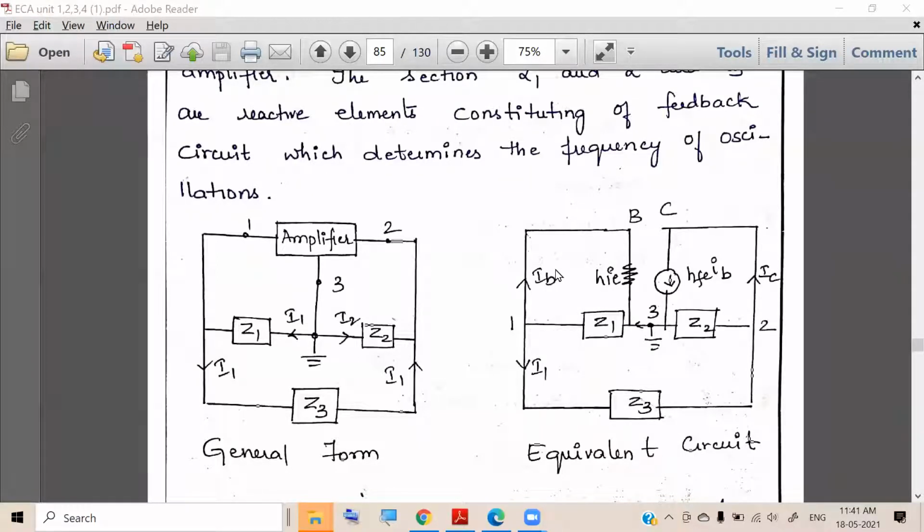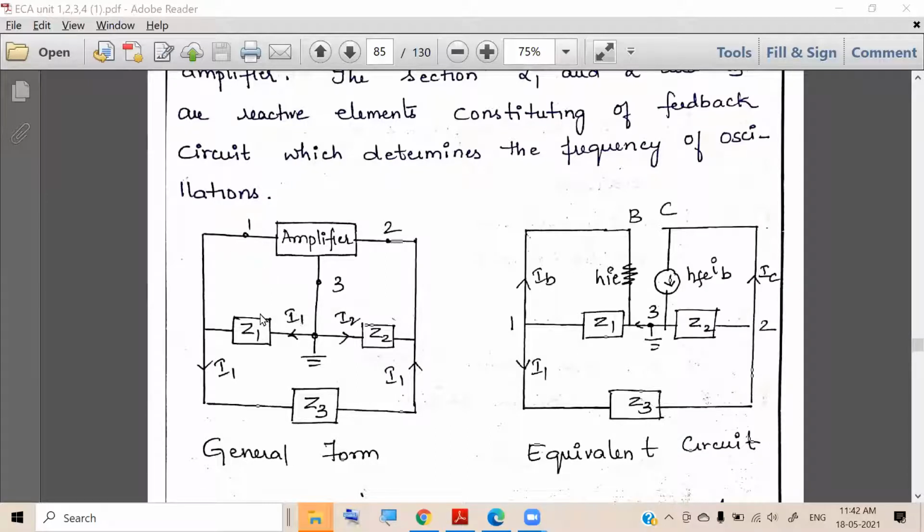Because the base current is very, very small, whatever the current through Z1 is, I1, we can say that the current through Z3 is also I1. The base current means the current entering the input terminal of the amplifier, which is very small.